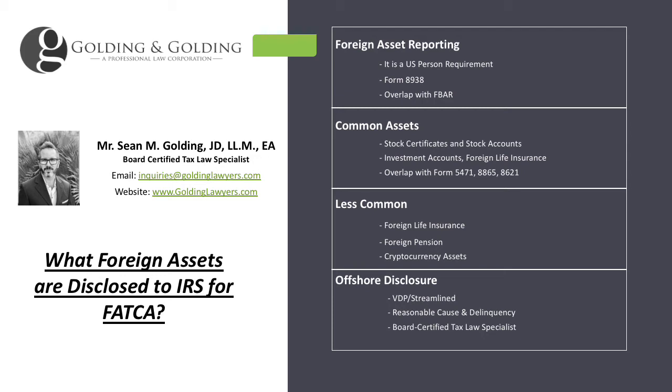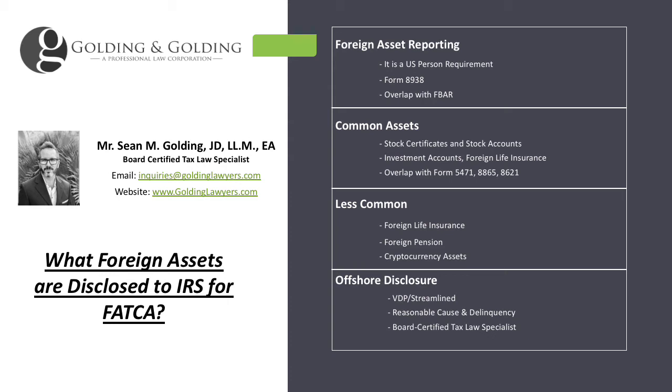Investment accounts and foreign life insurance, those are commonly reported on Form 8938. When it comes to the foreign life insurance, there's more common, less common, and obscure, especially when you have issues involving ULIPs, unit-linked insurance policies.